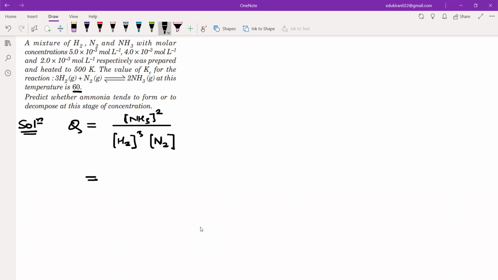So here, NH3 is how much? 2 into 10 to the power minus 3 whole square.